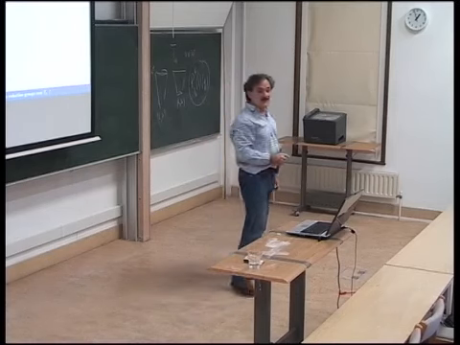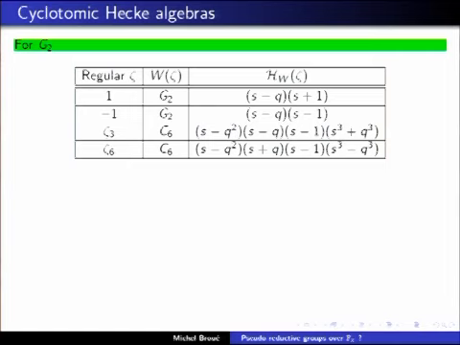So here is a complete table of the cyclotomic Hecke algebras which occur for the regular zeta in G2. The possible regular elements zeta are 1, -1, zeta 3, and zeta 6. And of course, they are Galois conjugates.